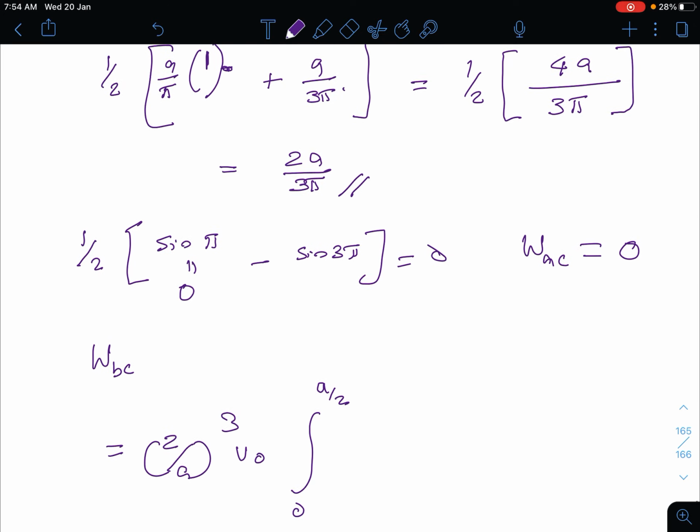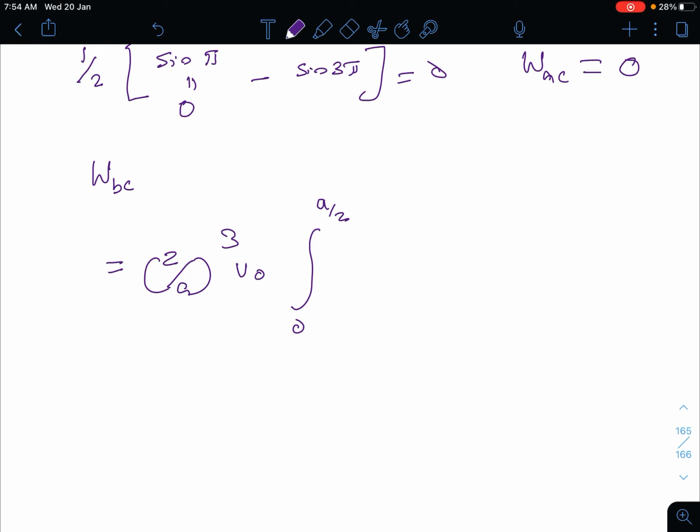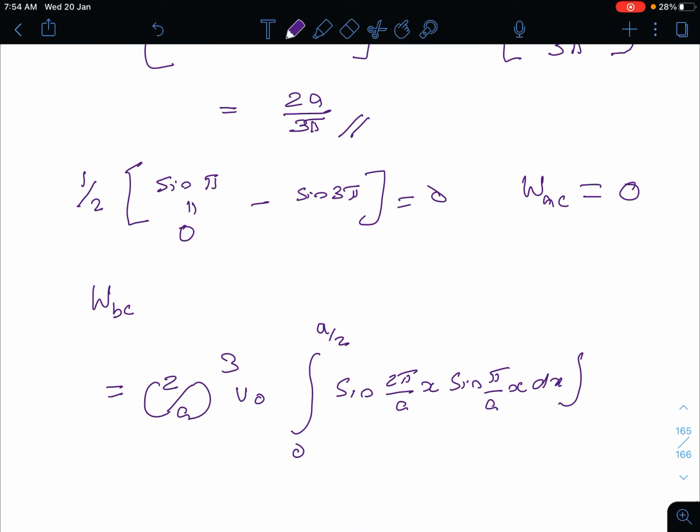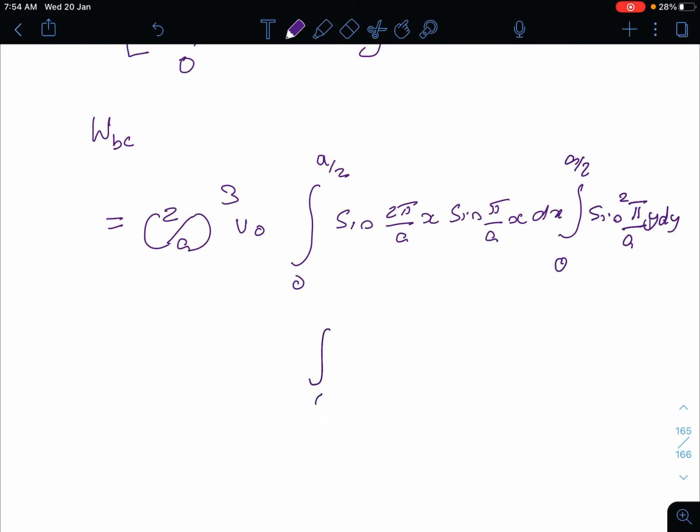So WBC is 2 by a whole cube V0 integral 0 to a by 2, BC is 2 1, so sine 2 pi by a x sine pi by a x dx, integral 0 to a by 2 sine square pi by a y dy, integral 0 to a sine square pi by a z dz. This is what you will be getting.